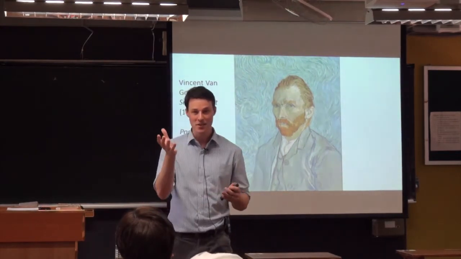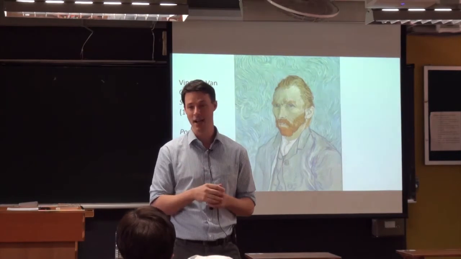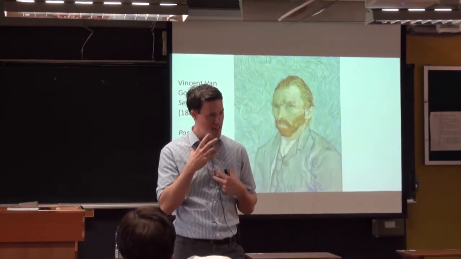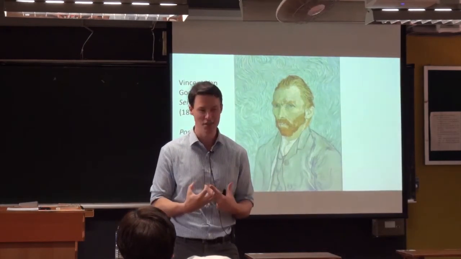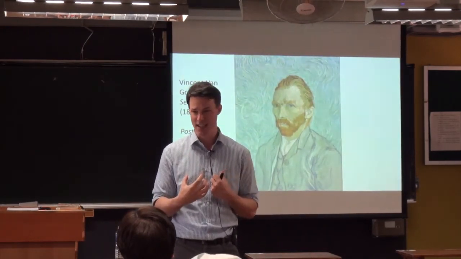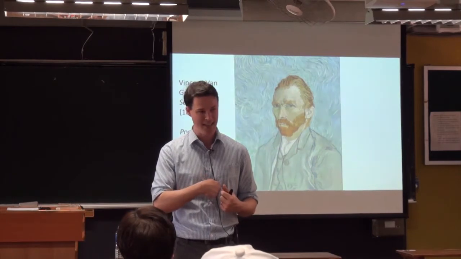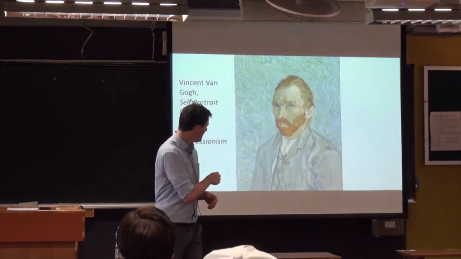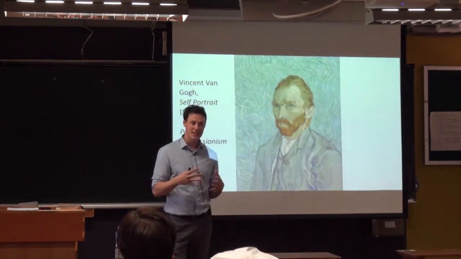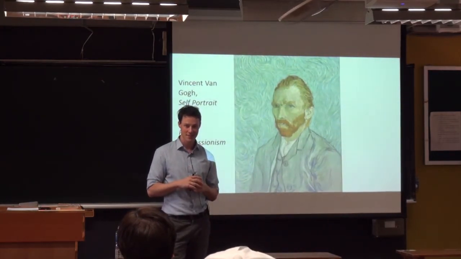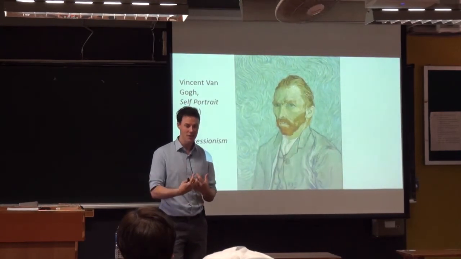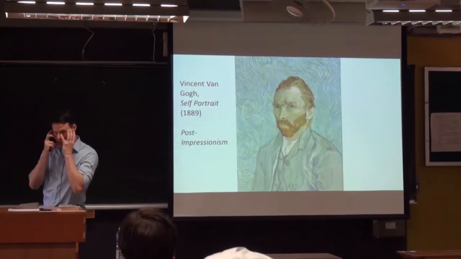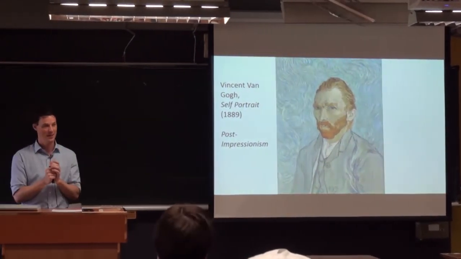Imagine what he was feeling in his mind when he cut off his ear. He had to have a lot of inner mental energy. He was full of intensity, right? He was burning on the inside. So when you take a look at this portrait, even though he's standing still, he's full of energy and intensity, and part of that's because of the red of his beard and his hair, right?